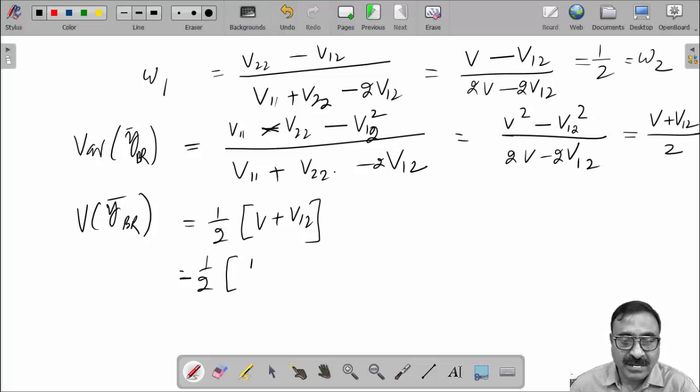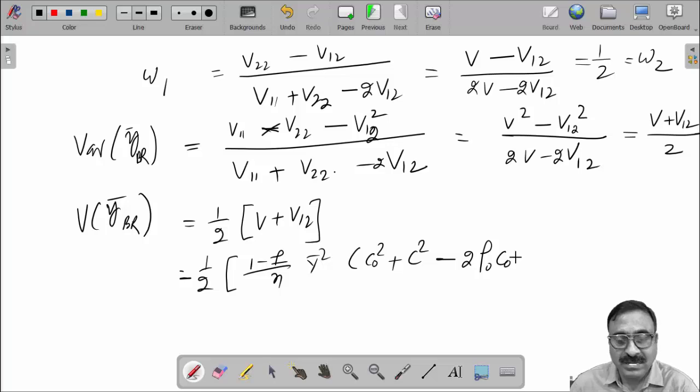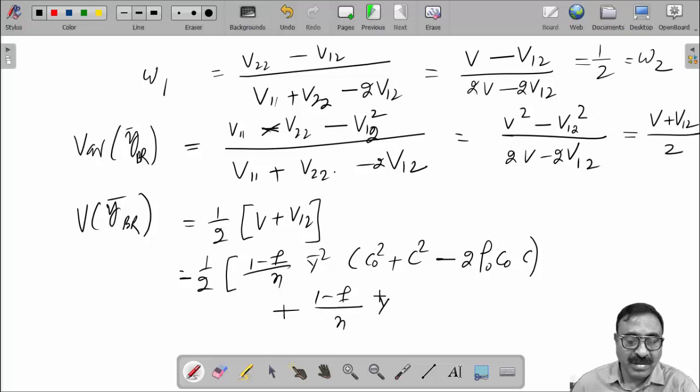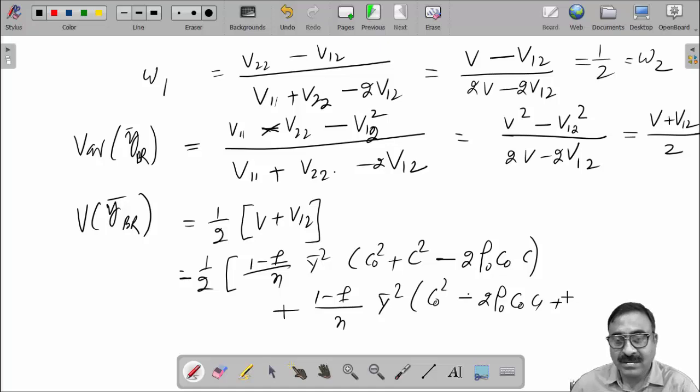The value of V is 1 minus f by n Y bar square into C0 square plus C square minus 2 rho 0 C0 C, plus V12. This is also 1 minus f by n Y bar square into C0 square minus 2 rho 0 C0 C plus rho C square.